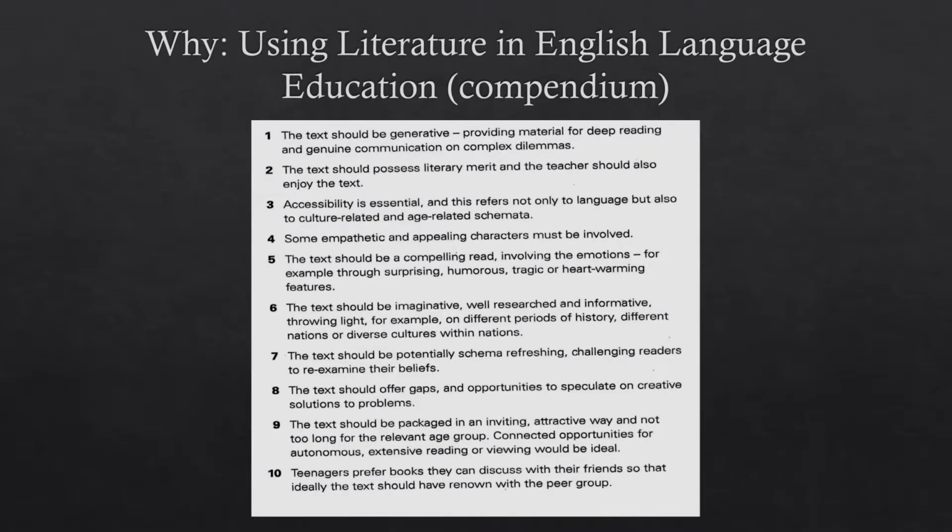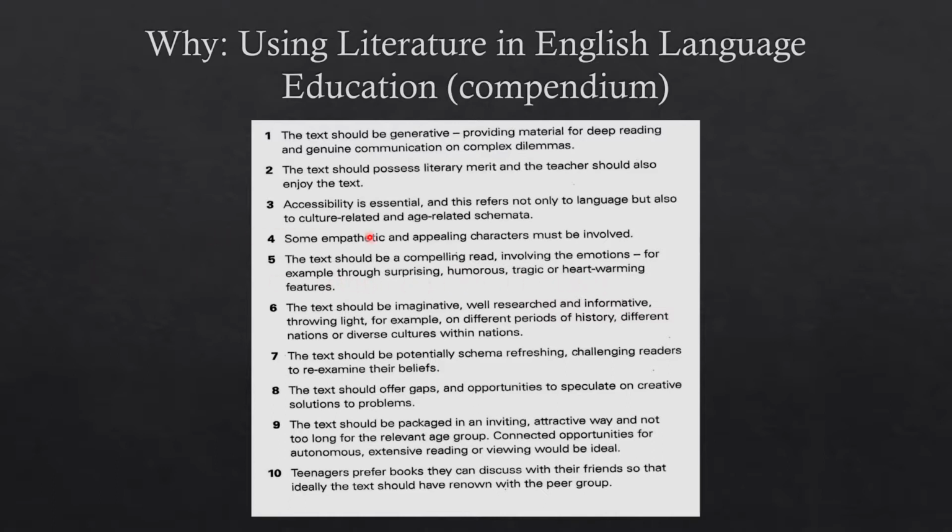From the compendium Using Literature in English Language Education, these are 10 criteria you should keep in mind when picking text for use in the classroom. Reading a book like this, 250 pages, the text should be a compelling read with emotions, humorous, heartwarming. I think this novel has got a lot of that.